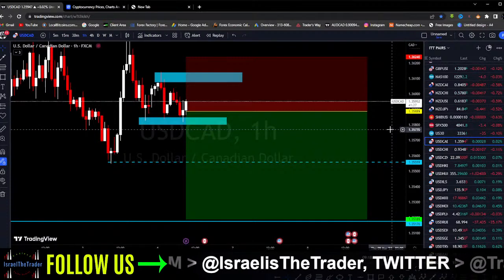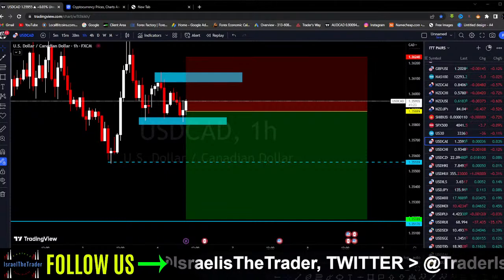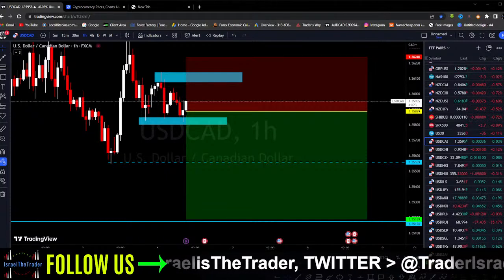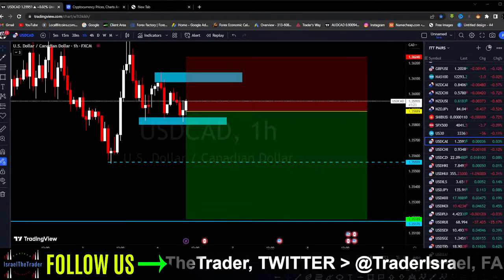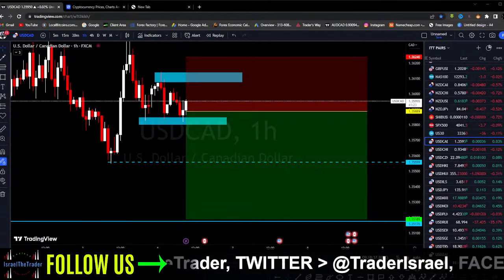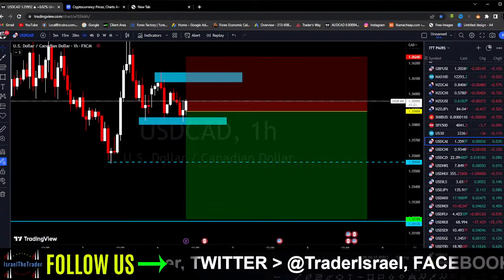I don't know if you guys took this trade. If you took this trade, indicate by sending 1 in the live chat section. If you are in it, just send 1.